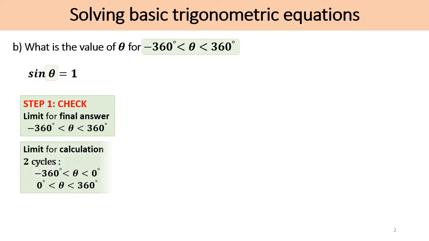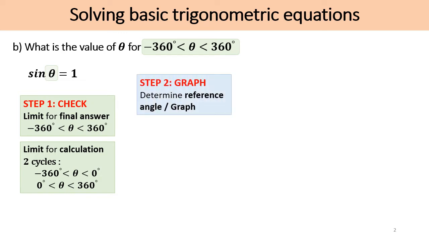But for our calculation, we have to identify sine theta in one cycle. Now if we refer to our given limit, we have two different parts: the first one is in the negative part, from 0 to negative 360 degrees, and the other one is in the positive part, from 0 to 360 degrees.